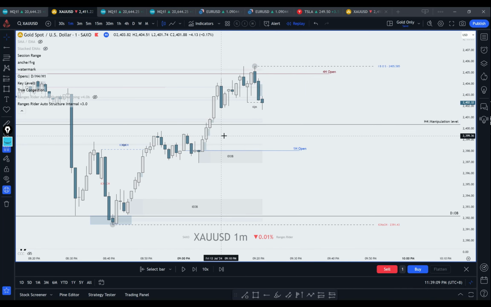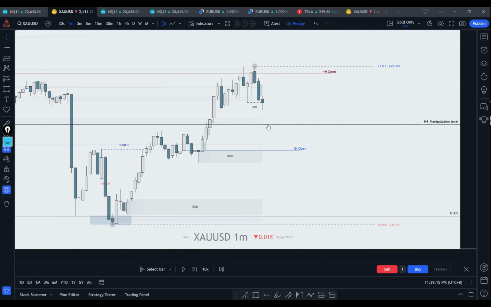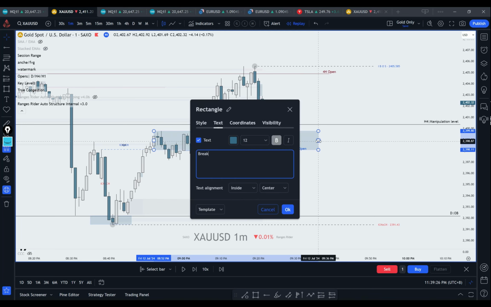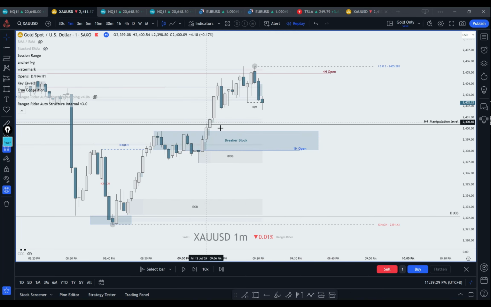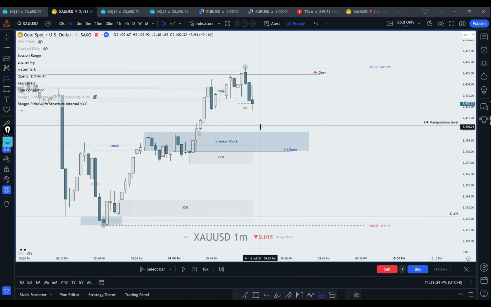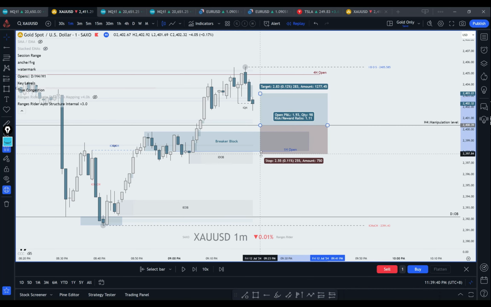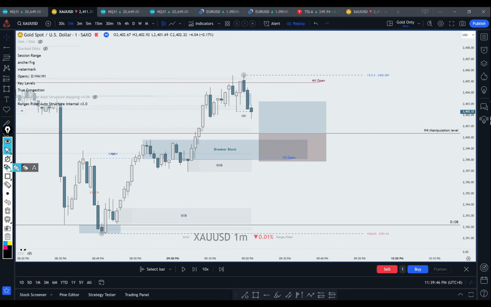But what I see is this manipulation area, so this is where I'm looking for a buy, and this buy area is exactly at the breaker block. I'm interested to buy into here, but my stop loss should be below the breaker block, because I don't know, and this is 100% sure, I don't know if the price will just come here and then leave.